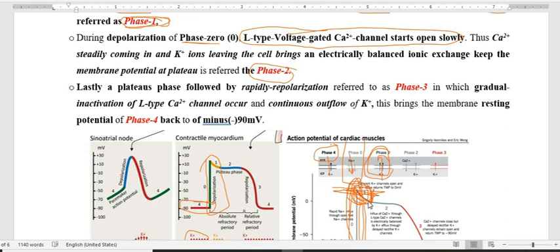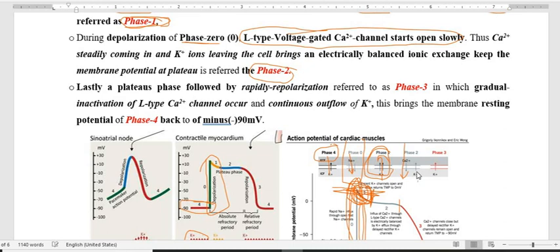So after the potassium escape and completion of phase 1, the potassium channel is still open and moving out, but simultaneously the L type calcium channel opens, and calcium started moving inside.